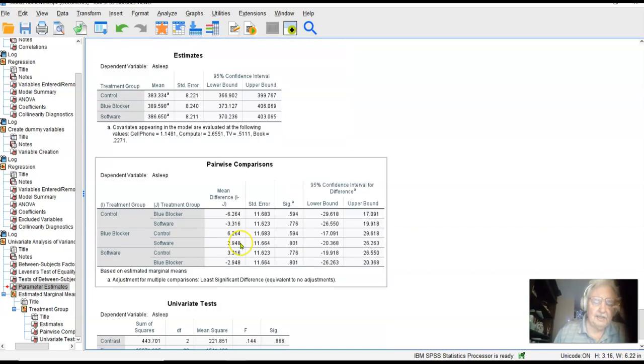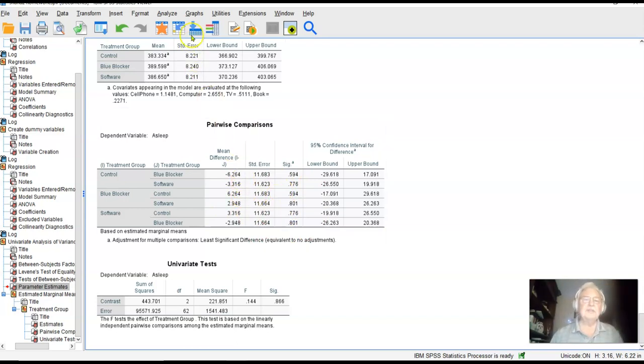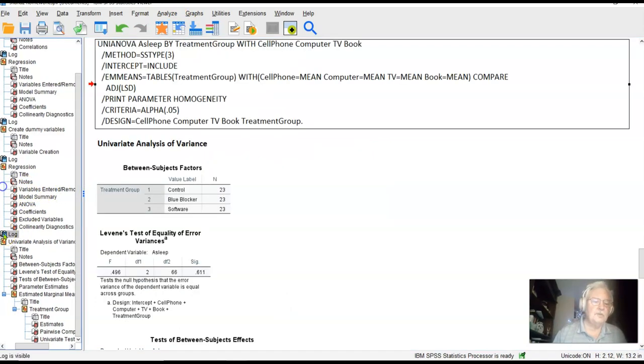Now, our post-hoc tests that we did here were just the least significant difference comparisons. We did not do any adjustments. We could have done some adjustments, and actually let's go through and do that as an example.